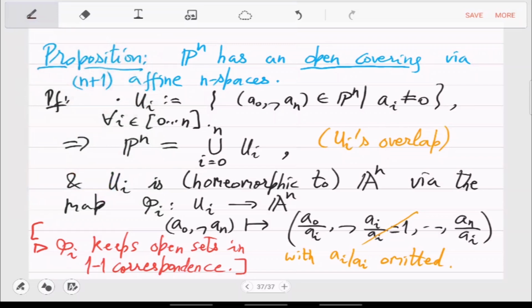It just means that I have a way to look at neighborhoods which look like the whole affine space. Okay, so we have patched together different affine spaces. This patching is a very important geometric construction. It can be taken to an insane level of abstraction, which we will not do in this course.